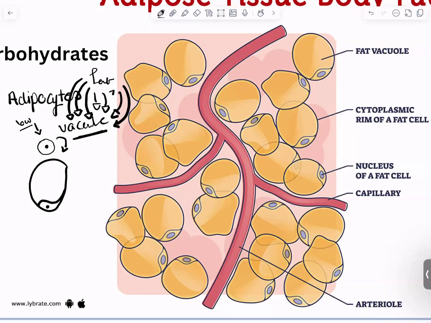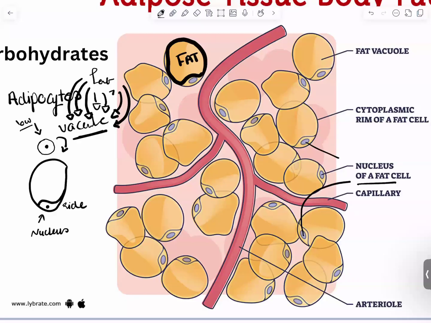It will push the nucleus and other organelles to the side of the cell. So this is a nucleus. This is a nucleus. What is this one? This one is a big vacuole with the fat.